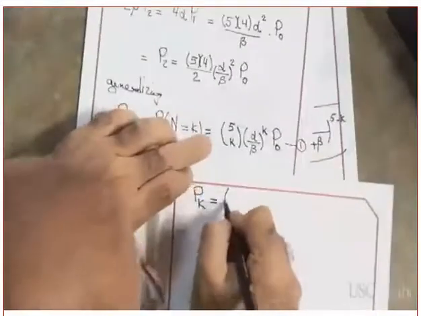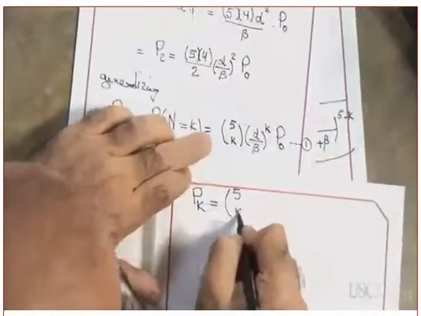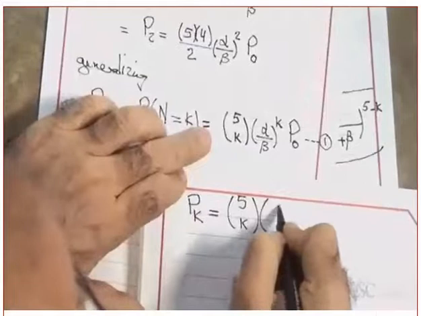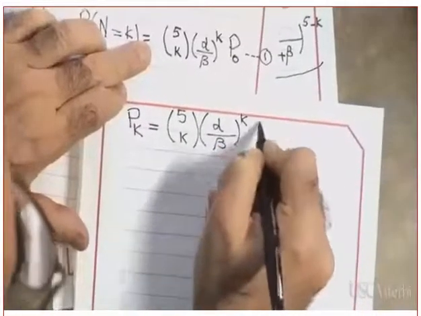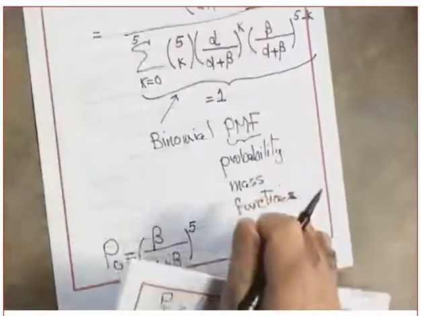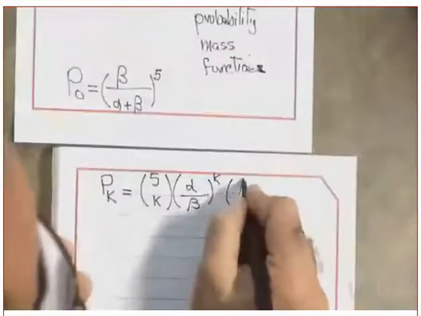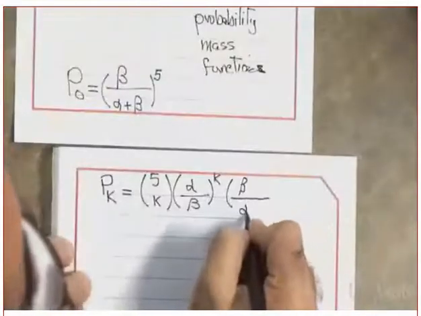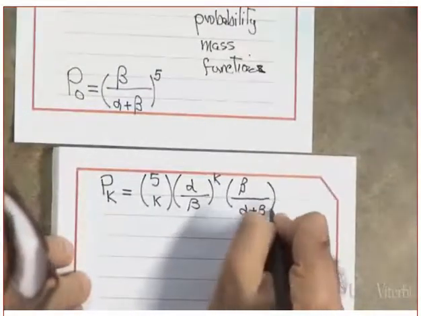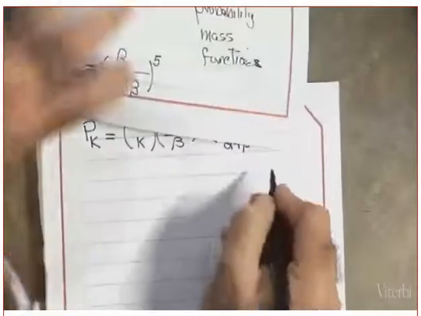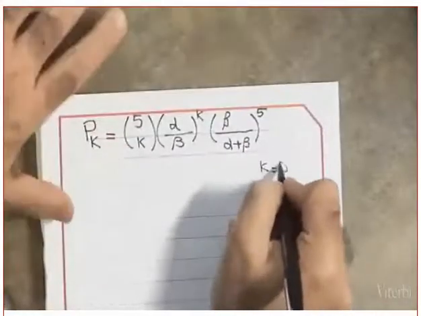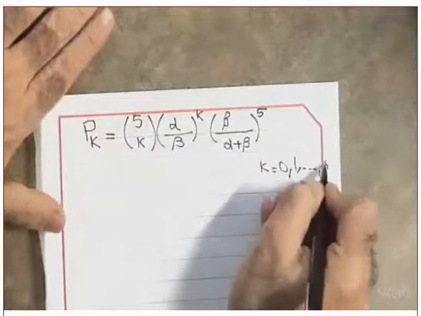So it's 5 choose K times alpha over beta to the K times P0, which is beta over alpha plus beta to the 5. And again, K equal to 0, 1, all the way to 5.